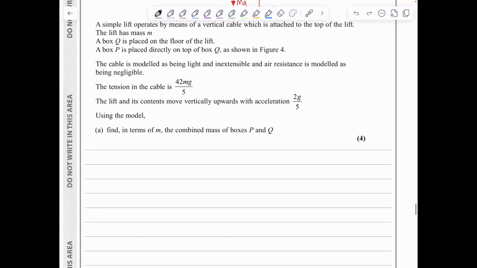So we are looking at 42 mg/5 minus mg minus capital Mg is equal to m plus capital M times 2g/5.